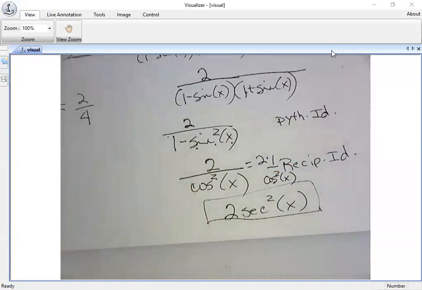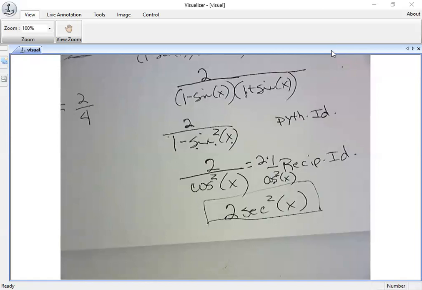And anytime you see one of these trig ratios squared and there's a 1 with it, that's when you want to check to see, could I replace it with a Pythagorean identity? And so if you double check, since cosine squared of x plus sine squared of x equals 1, if I rearrange that, I would get 1 minus sine squared of x is equal to cosine squared of x.